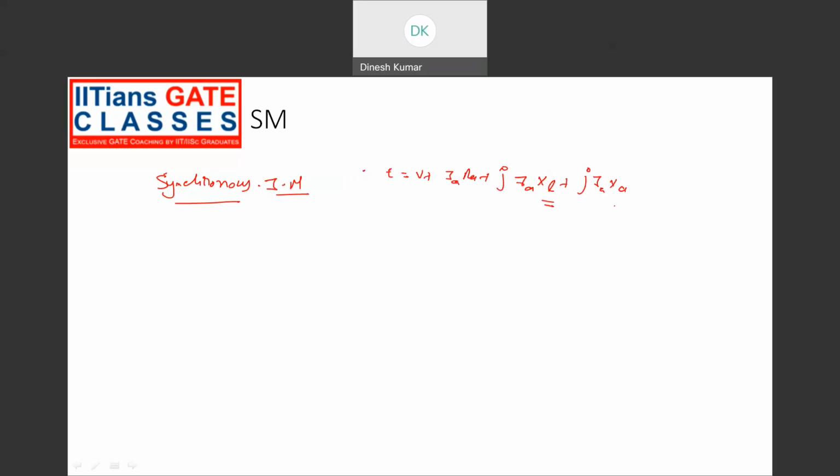This is the leakage reactance, this is the armature reactance, this is the armature resistance. So the voltage drop is nothing but E minus V. The difference is assumed as a drop due to only the armature leakage reactance.